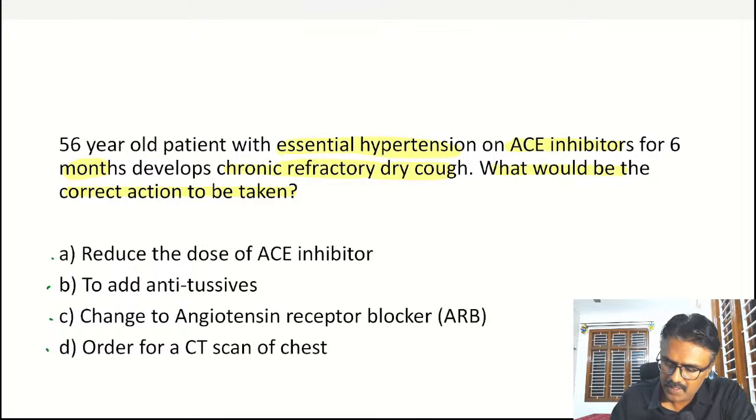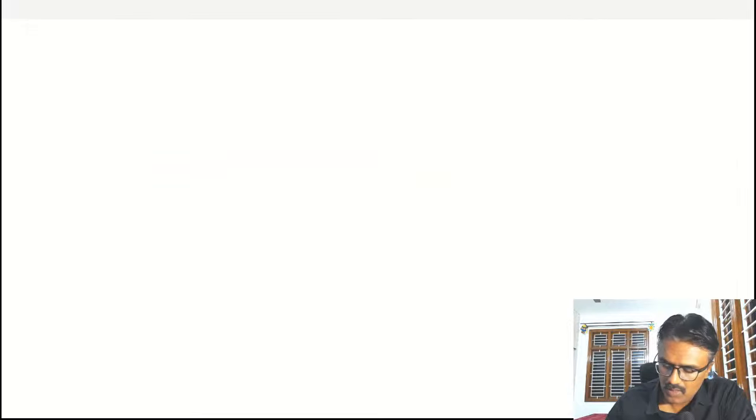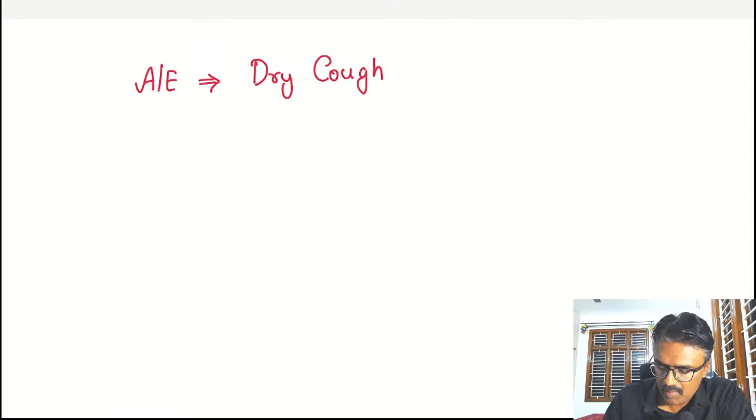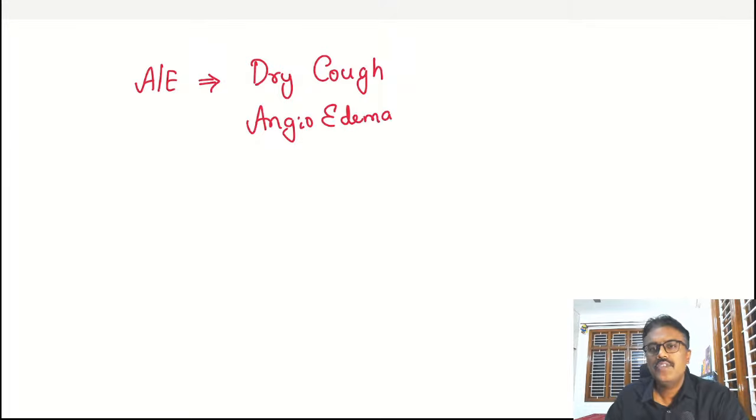So the best option is to change to ARB. Now what we need to understand in this MCQ is the adverse effects of ACE inhibitors. Number one, they cause dry cough, and number two, angioedema. Angioedema means swelling of the lips, swelling inside the glottis, everywhere.